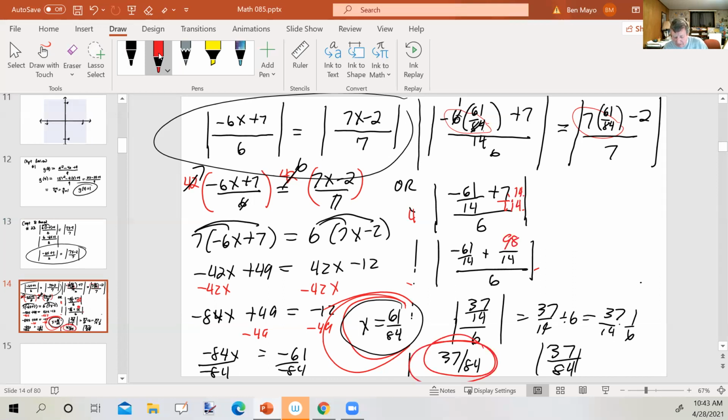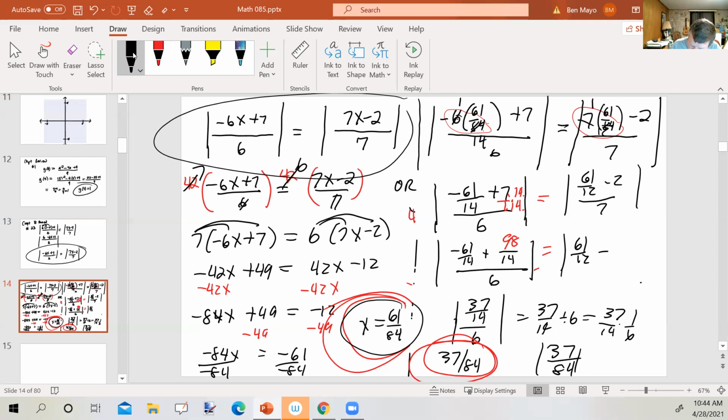Of course, I've backed myself into a corner here. I don't have a lot of room, but let's see what we can do with it. 7 over 84 is 1 over, let's see, 84 divided by 7 is 12. So that becomes 61 over 12 minus 2 all over 7, which is 61 over 12 minus what over 12, all divided by 7?